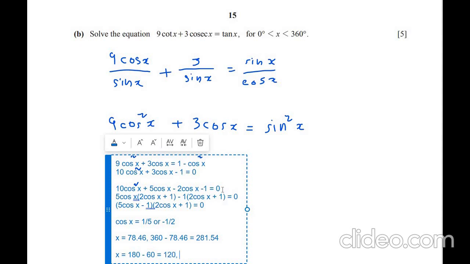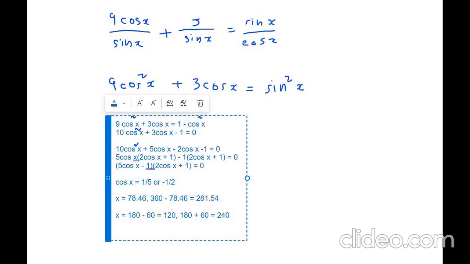And in the third quadrant, it's going to be 180 plus 60, and that would give us 240 degrees. So the four values of x, the final answer is 78.46, 281.54, 120, and 240 degrees.